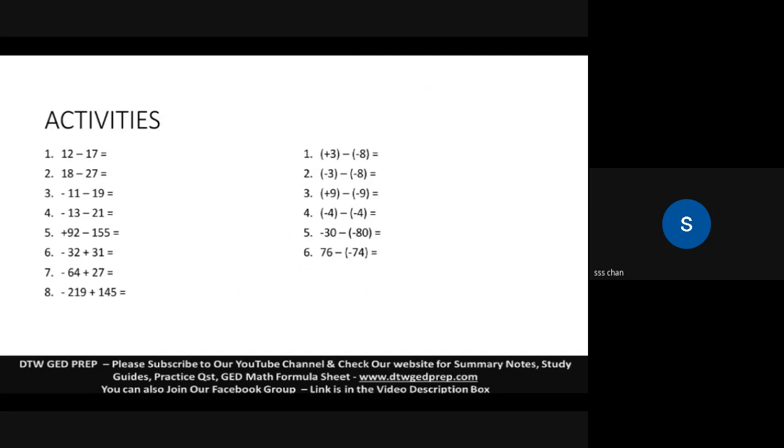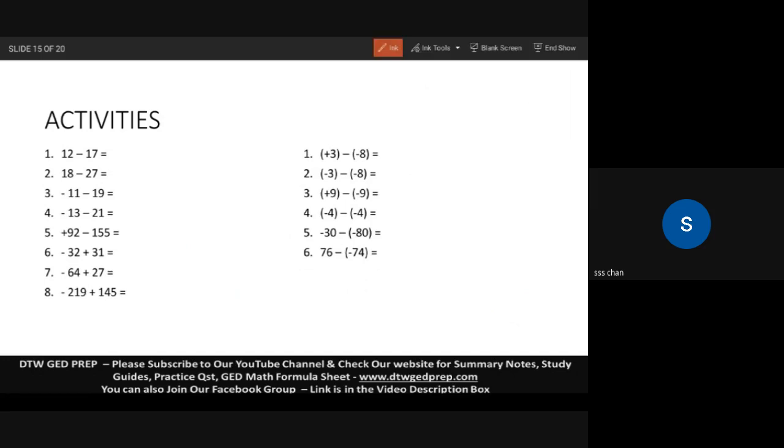Now the sixth one, we have 76 minus negative 74. Same thing, you are removing a negative number from a number. So that is the same thing as adding a positive number.